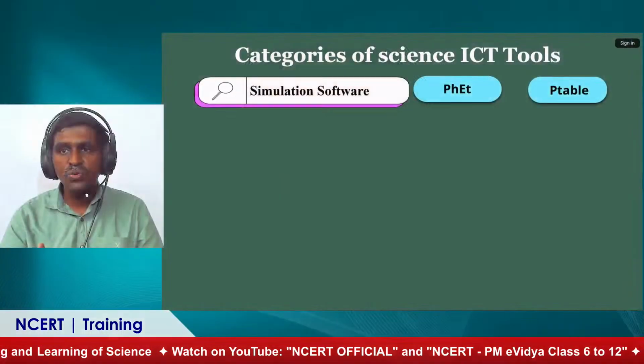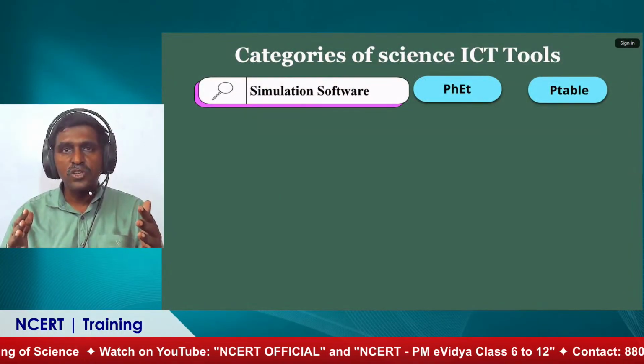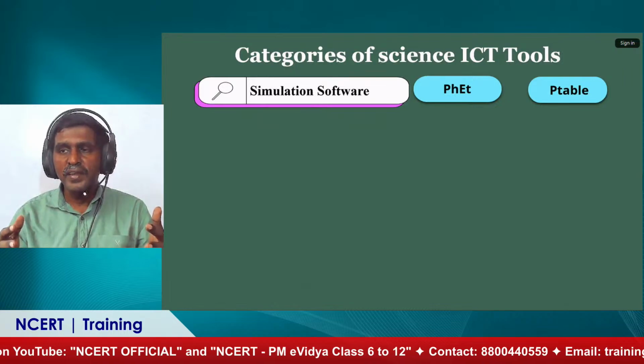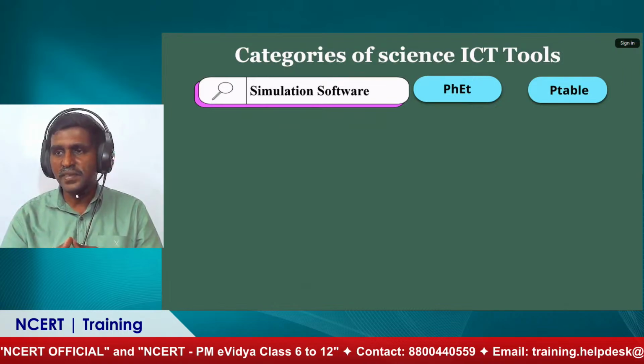Now I am telling some of the categories of science ICT tools. I already told that ICT tools are very much used for visualization. Now here I am sharing some categories of science ICT tools. Simulation software is an important category. For example, PhET and PTable. PhET, you already know, is a simulation tool that can be used to teach physics, maths, and biology, and especially physics.